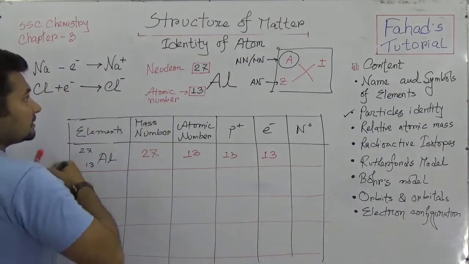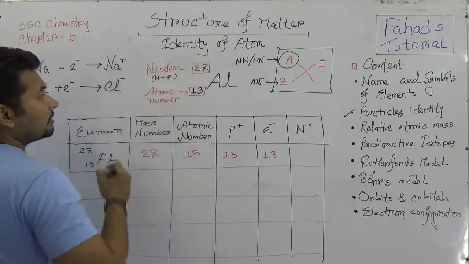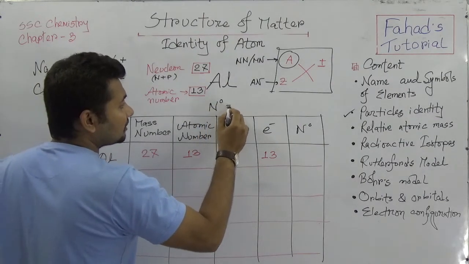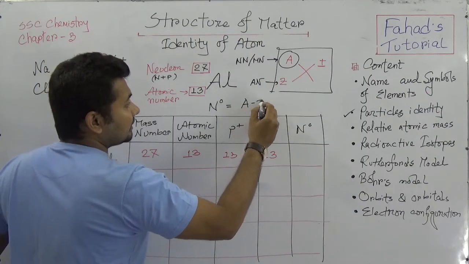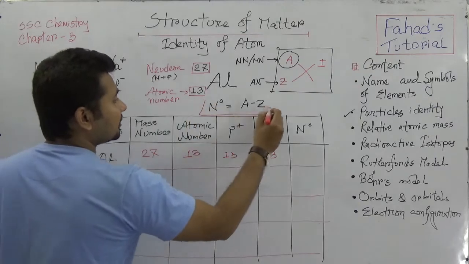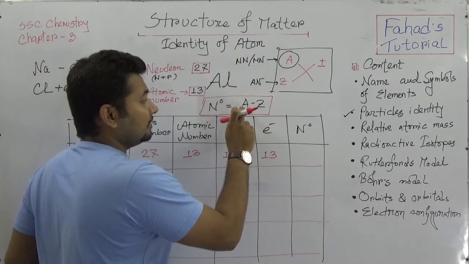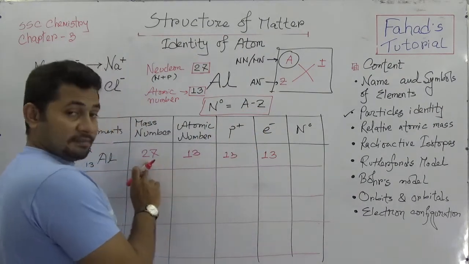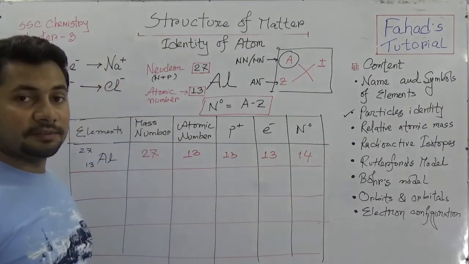So we can find the neutron number by deducting A minus Z, the nucleon number minus the atomic number. So we have 27 minus 13, which is 14.